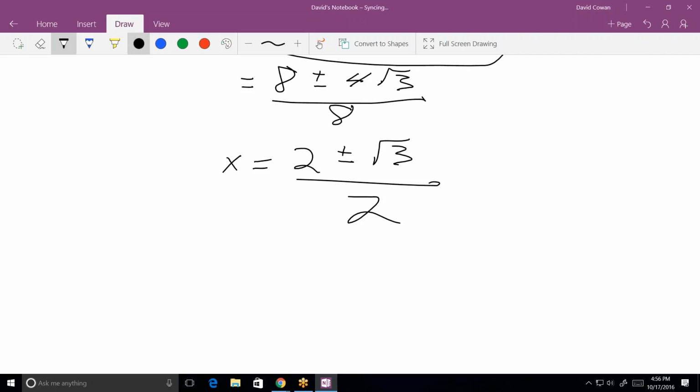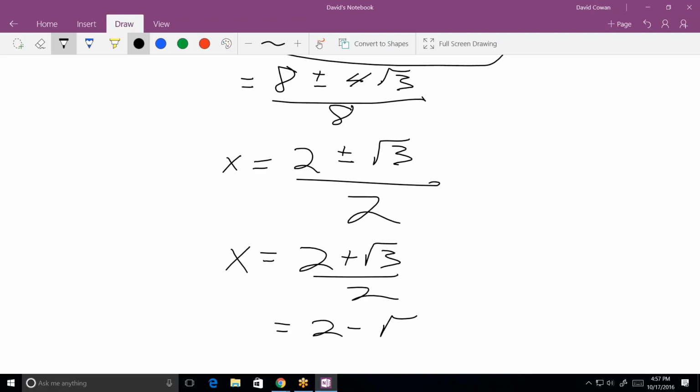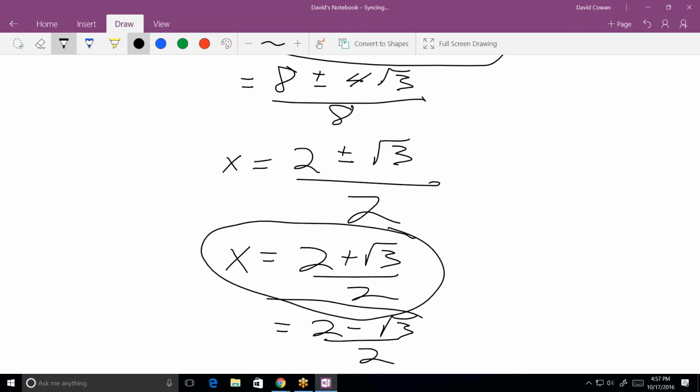Unless you're doing like a computer test and they specifically ask for both answers separately, then it's good to know that this means 2 plus root 3 over 2 or 2 minus root 3 over 2. So here's your 2 answers. A lot of times people will deal with that plus and minus for years without realizing that that's what it means.